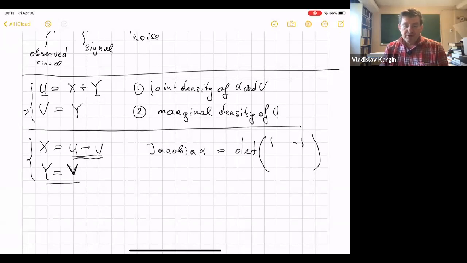In the second row, the function is v, and the derivative with respect to u is 0, and with respect to v is 1. The Jacobian is usually taken as an absolute value, so it is the absolute value of 1 times 1 minus 0 times minus 1.